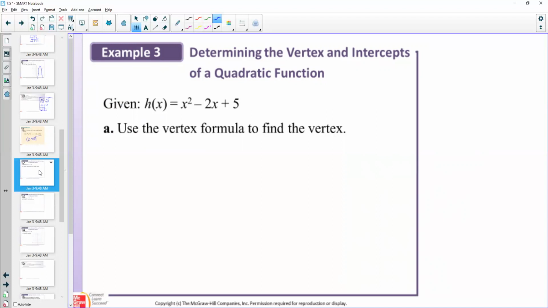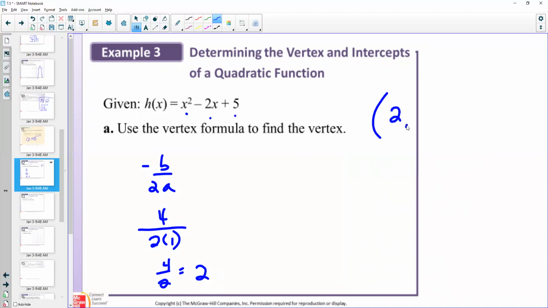I want to use the vertex formula, which is what this is called. So a, b, c, right? I want to do negative b over 2a. Well, negative b is positive 2, negative, negative 2, right? A is 1, so 2 times 1. So I get 4 over 2, which is the same as 2. So in my vertex, the first number is going to be 2.